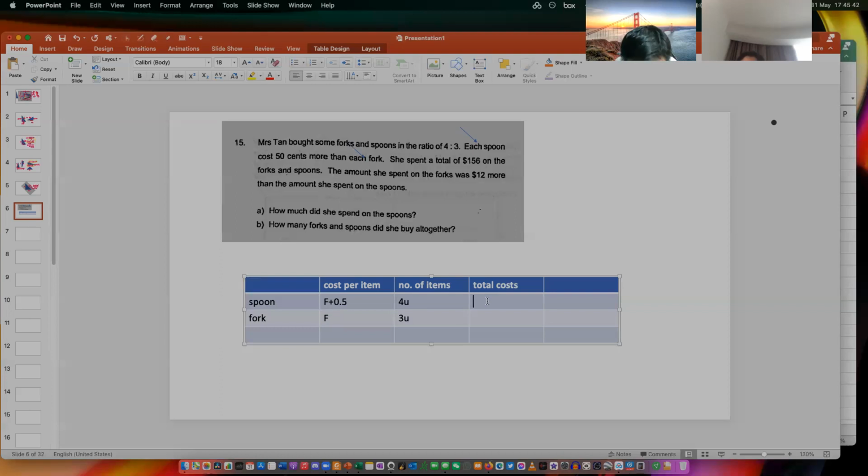How? Just take this with a bracket, then you times the 4U. Then of course for the second one, the total cost for fork is F times 3U.